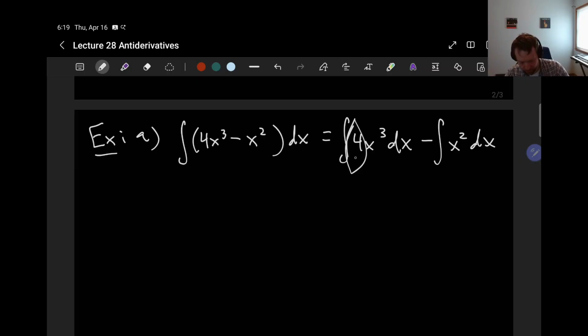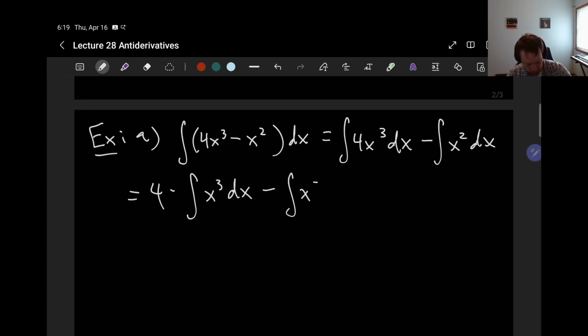Another thing I can do is move that 4 out. And now I'm free to do my power rule formulas on each piece.